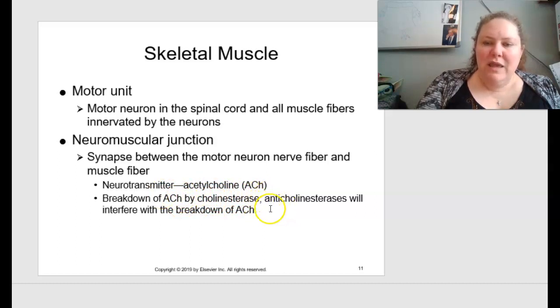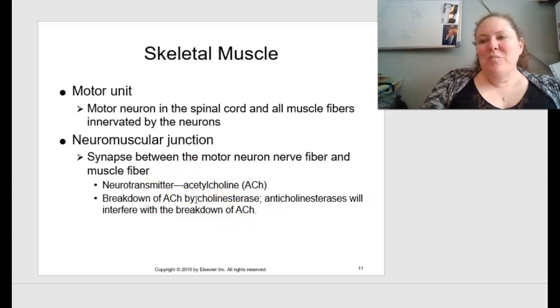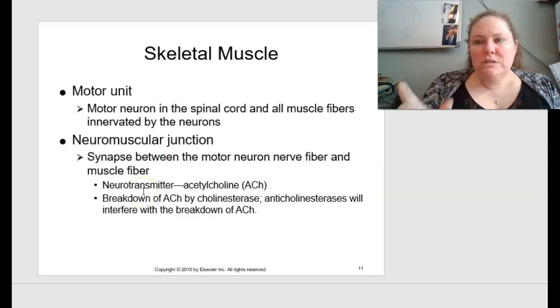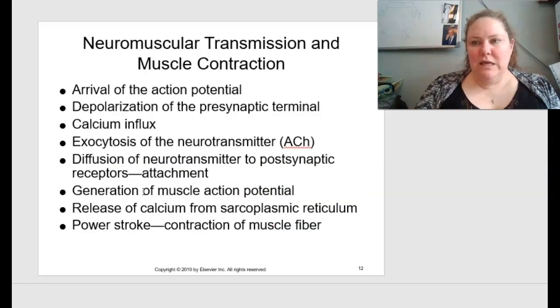And then you also have anticholinesterases, and these can interfere with the breakdown of acetylcholine by interfering with the acetylcholinesterase, right? So remember, enzymes are named for what they do, and enzymes are specialized proteins that end in ASE. And so if it's an anticholinesterase, then it's going to stop the function of the cholinesterase, which is breakdown.